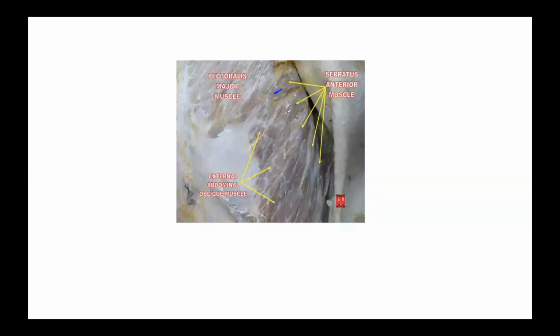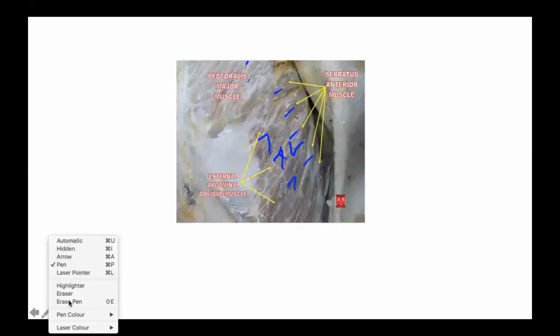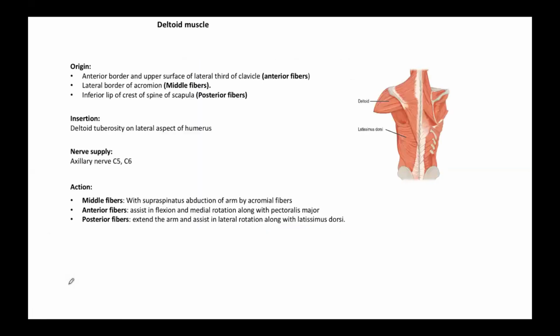It goes on the anterior lateral chest wall, and it interdigitates with the external oblique muscle, so they are going in opposite directions. Some of these can reach up to the level of the mid clavicular line, the anterior extent of this muscle.